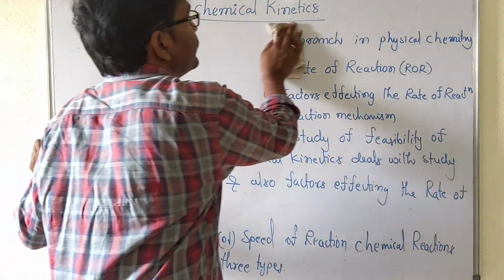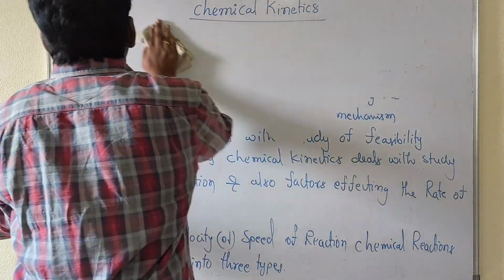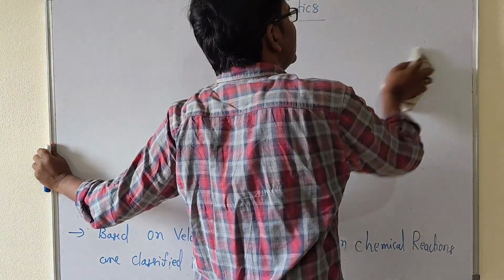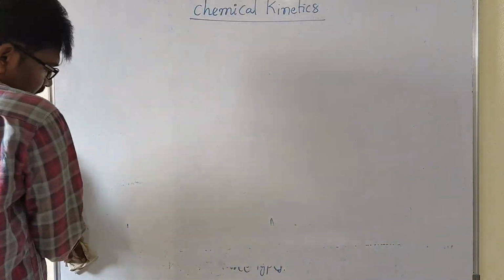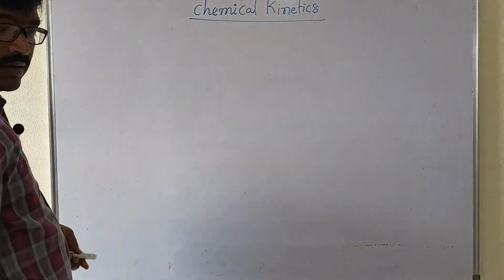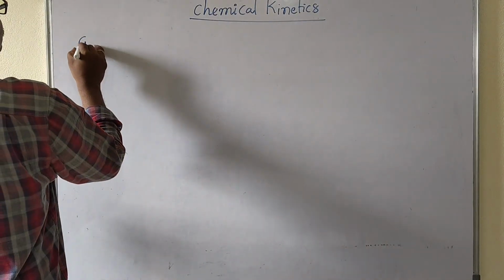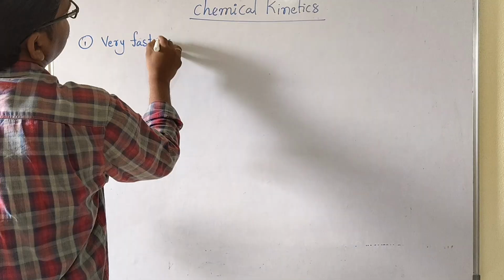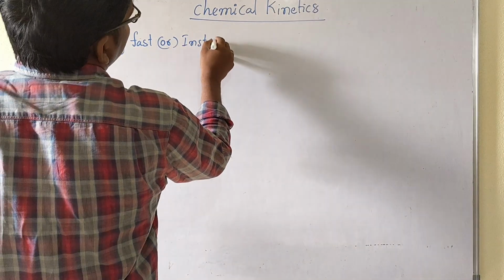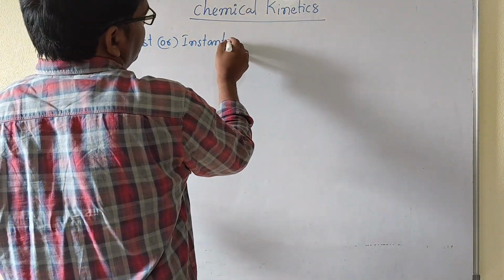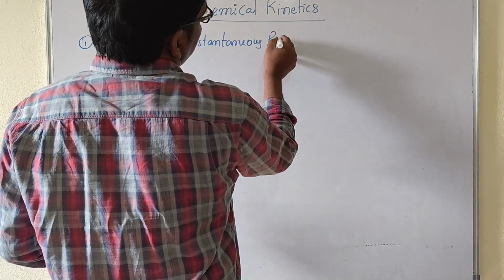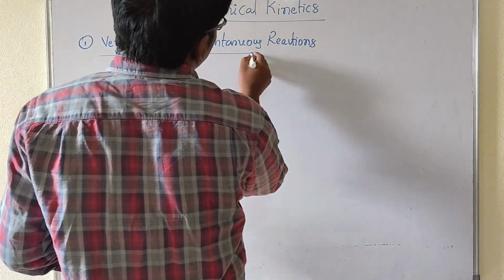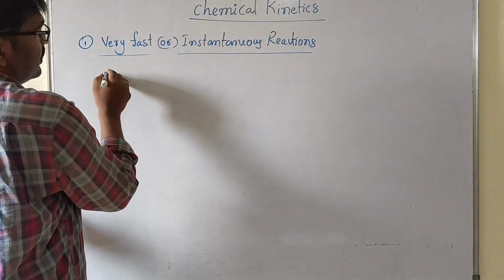What are the examples for those reactions that we have to discuss? First one is very fast reactions, or we call them instantaneous reactions. Number one. So what are the very fast or instantaneous reactions?